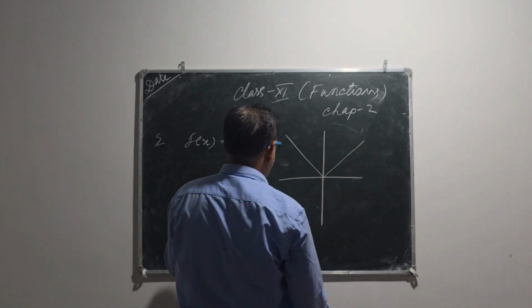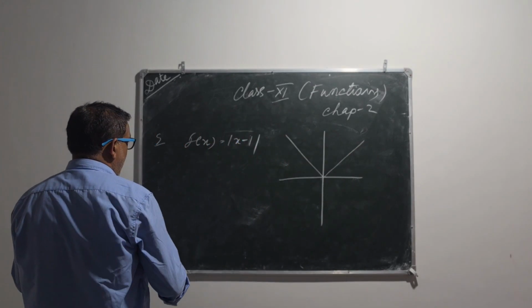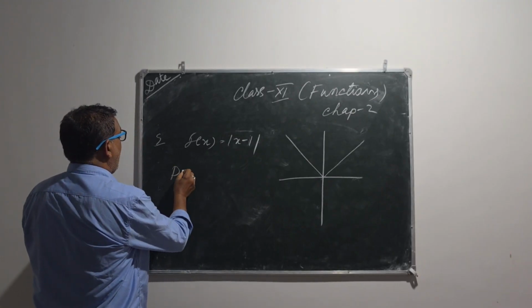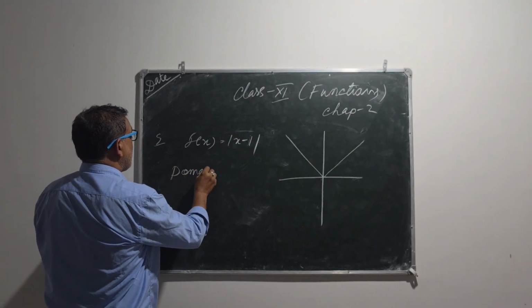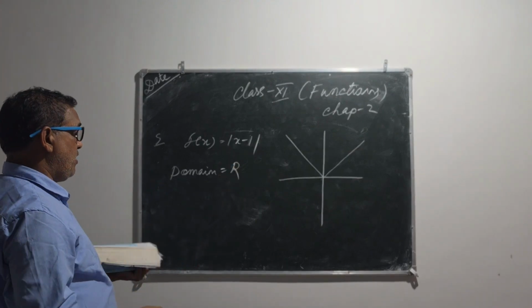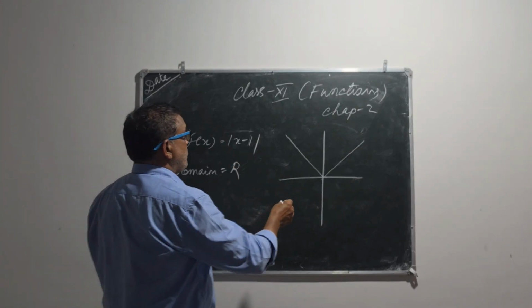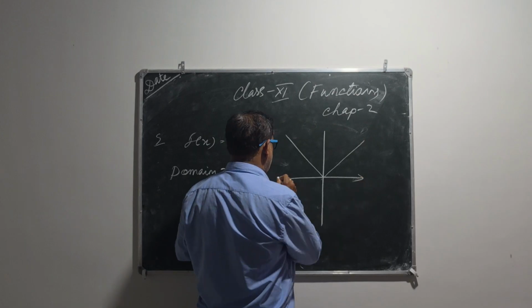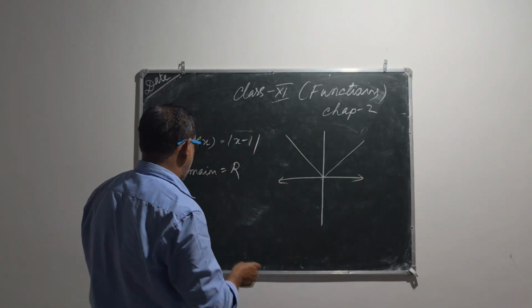That is, the domain will be any real value we can substitute here, from this side to this side, the set of real numbers.